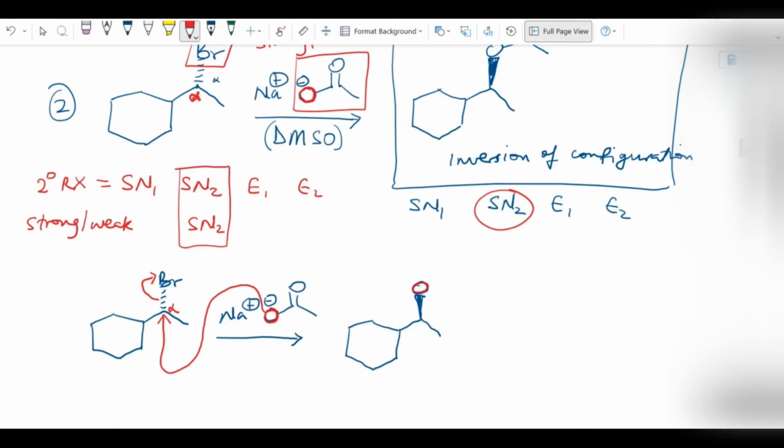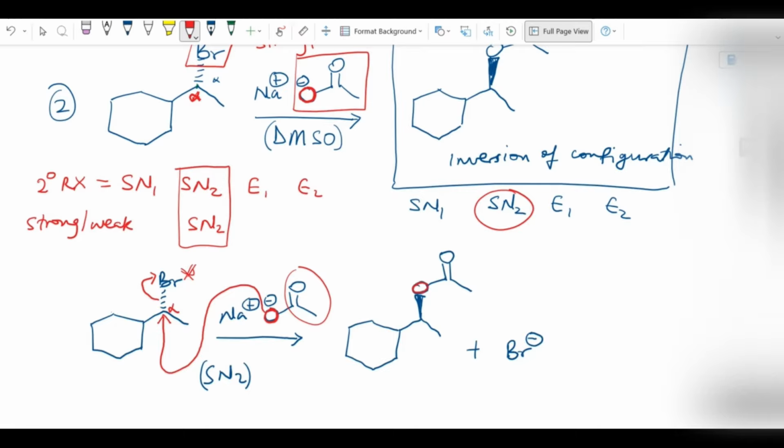That oxygen is connected to this acetyl group. So I'll connect that oxygen to this group. And that will be the product of the SN2 reaction. So when the nucleophile attacks the alkyl halide, the leaving group is kicked out. So I'll go ahead and draw the leaving group.